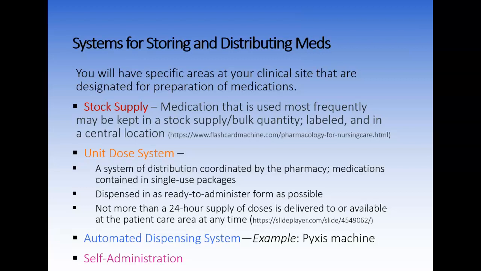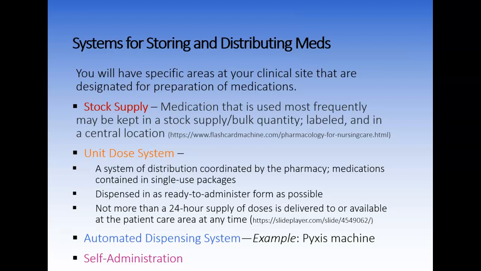You might see something like a chlorhexidine wash or swish and swirl, which is an ordered medication. Just because we're using it to swish in our mouth doesn't mean we just give it to someone without an order. That would be a unit order because it's just one dose, okay?